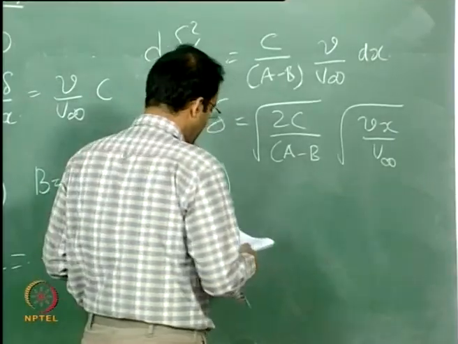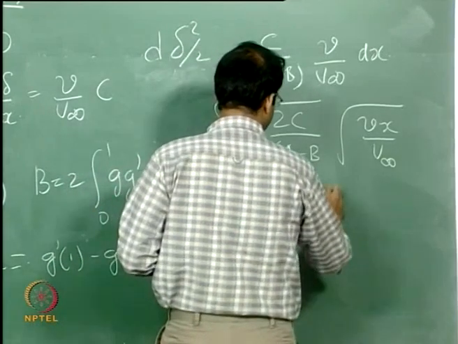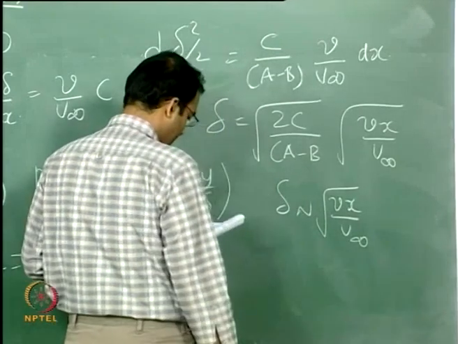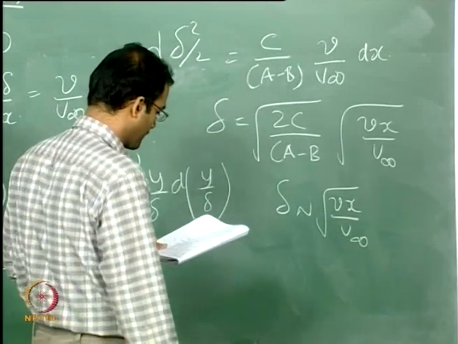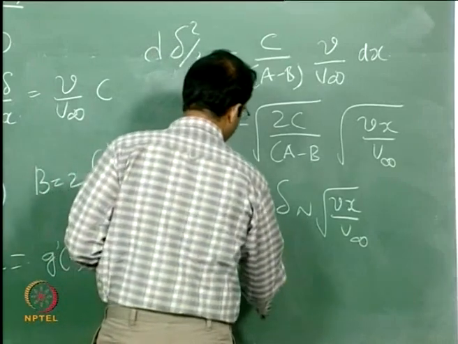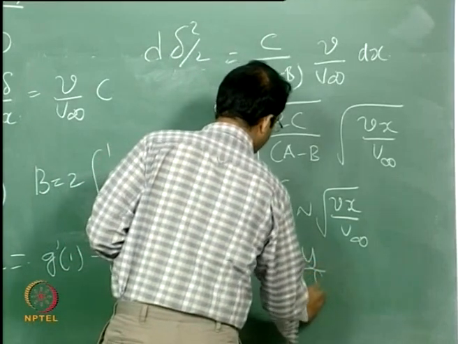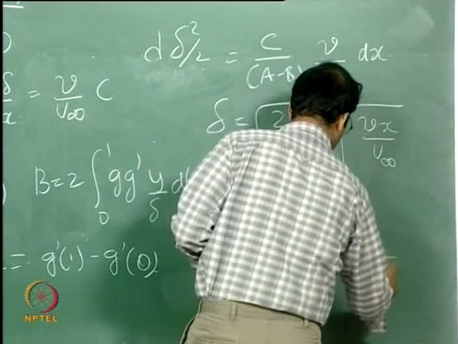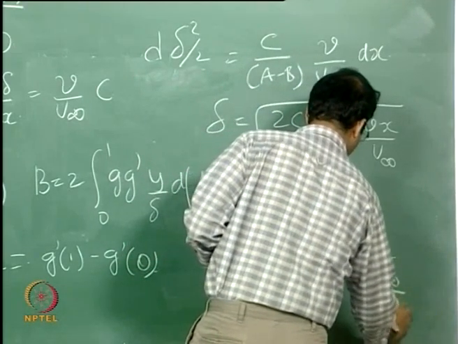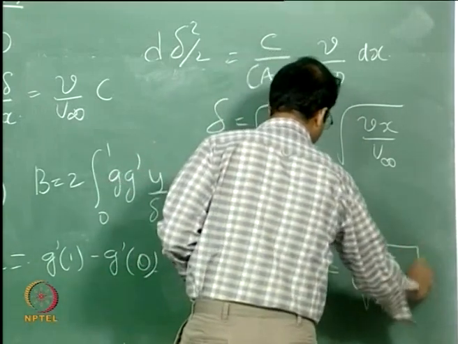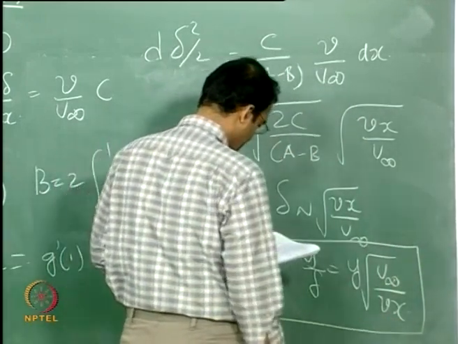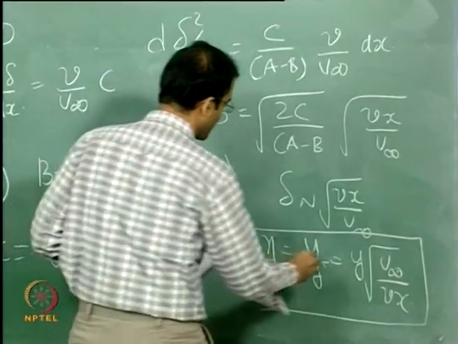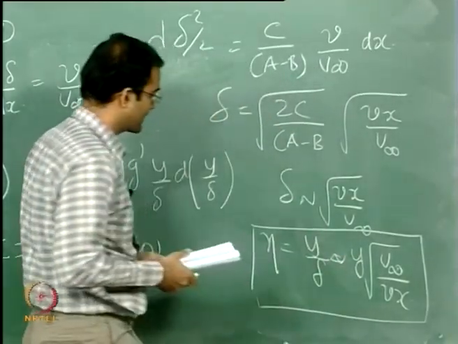So delta is a function of x through this relationship, and therefore eta equal to y by delta becomes y times square root of u infinity by mu x. This is my similarity variable.